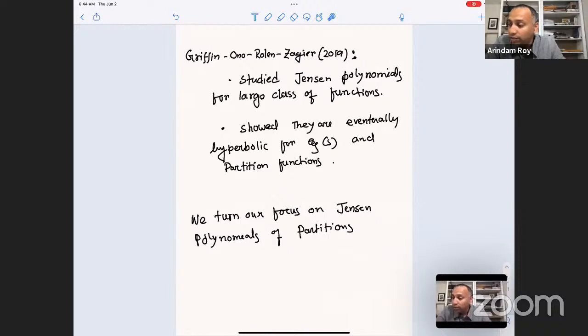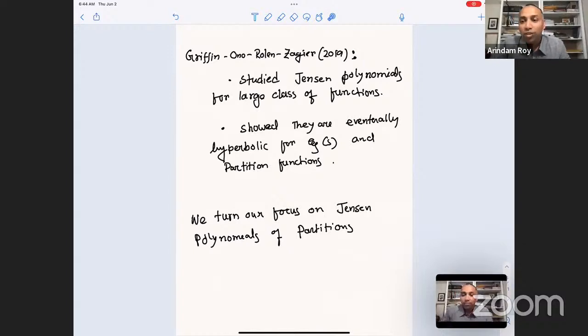They first studied the Jensen polynomials for the completed Riemann zeta function, and in the same paper they also studied Jensen polynomials for a large class of functions, because it is a natural question: if hyperbolicity of the Jensen polynomials for the completed Riemann zeta function is equivalent to the Riemann hypothesis, people can ask the same question for other L-functions, which have Riemann hypotheses that are still open problems. So is it worthwhile to look at the Jensen polynomials corresponding to those L-functions? That is why it was natural to study Jensen polynomials for a large class of functions.